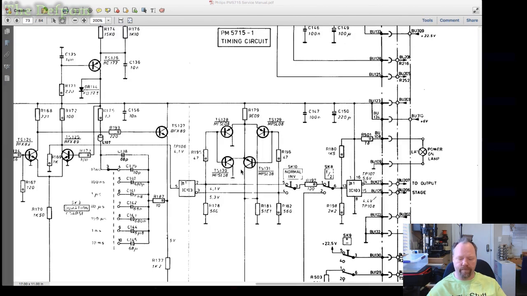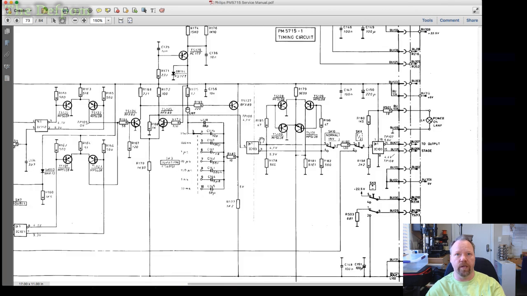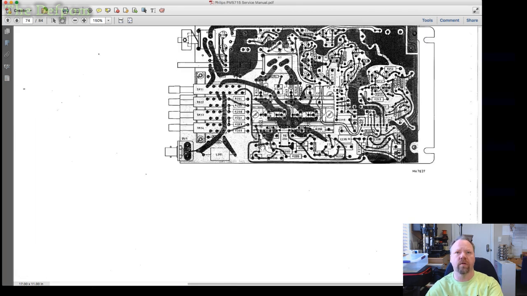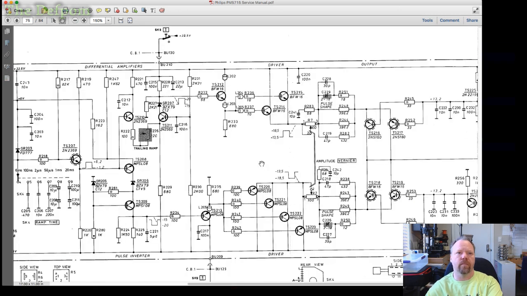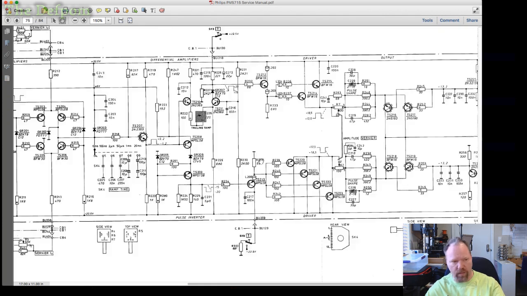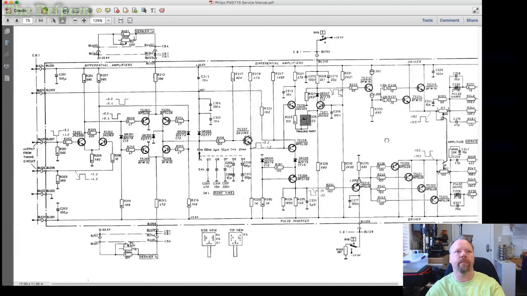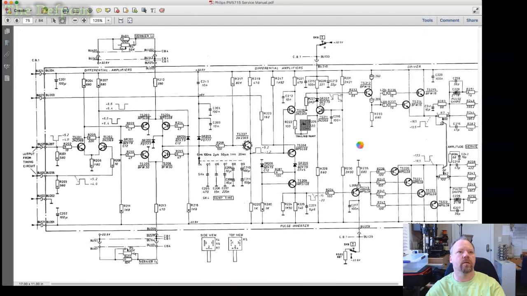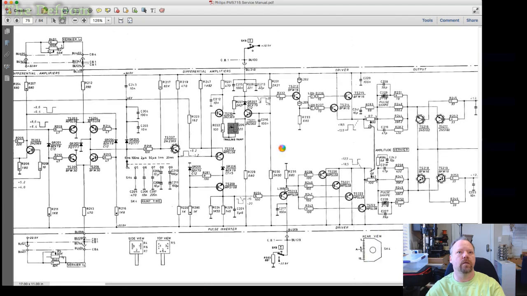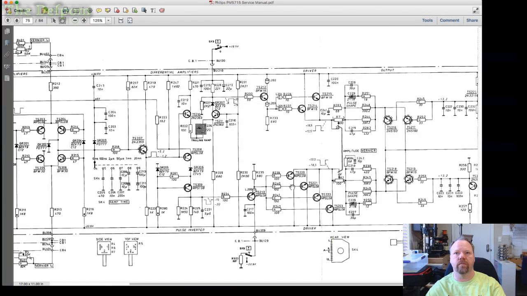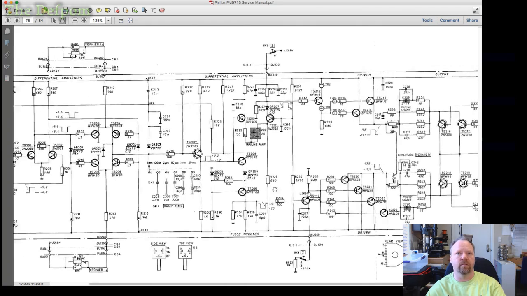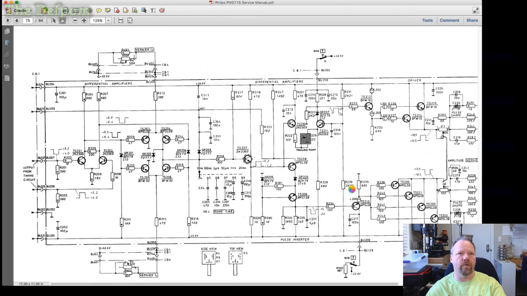I don't know if this is a comparable enough circuit diagram. So this one's using a whole bunch of individual amplifiers and transistors and stuff like that, rather than op amps.